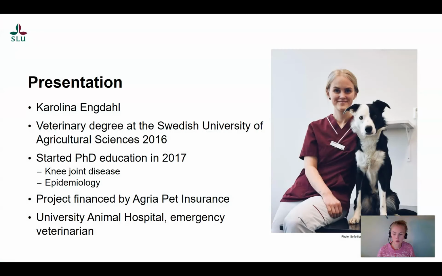And I will start by presenting myself. My name is Karolina Engdahl and I took my veterinary degree at the Swedish University of Agricultural Sciences in 2016. And I started my PhD education the year after, which is about the knee joint diseases in dogs and with focus on epidemiology of these diseases, which means evaluation of risk factors for disease, for example.